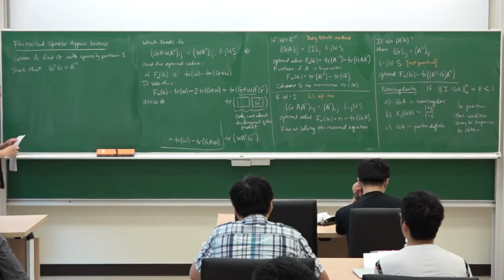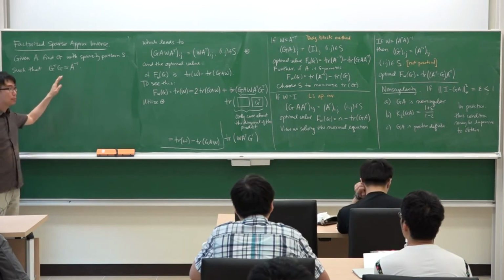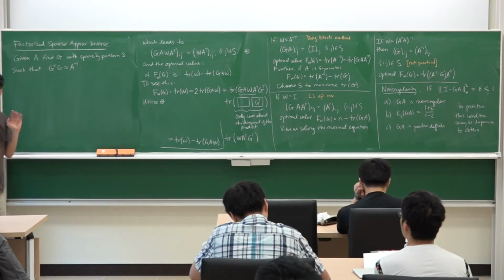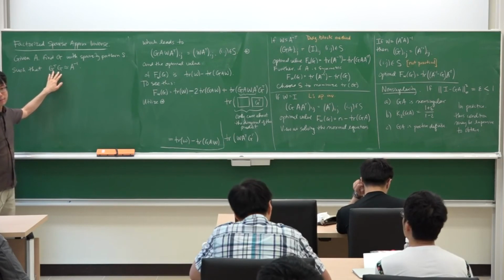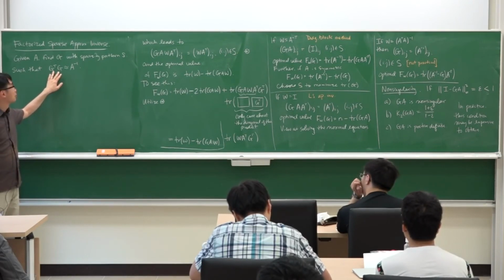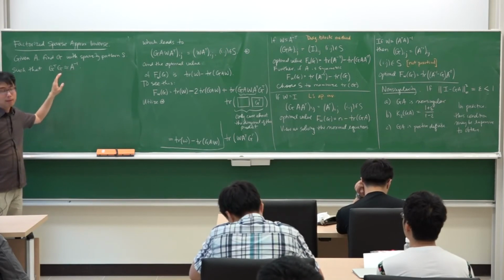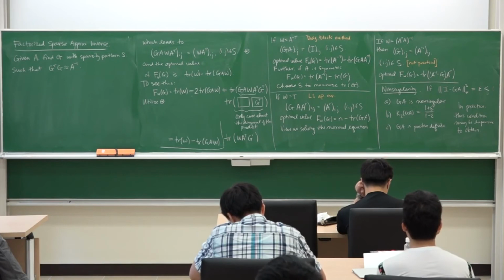So what we had before was some matrix M, or maybe some matrix G, that approximates A inverse. But now we're going to try to find a product of two matrices, actually not necessarily the same, that approximates the inverse. So this is in factored form. This is why this is called a factorized sparse approximate inverse.